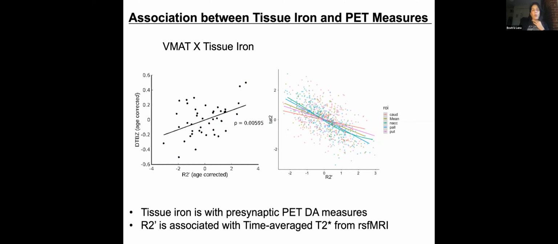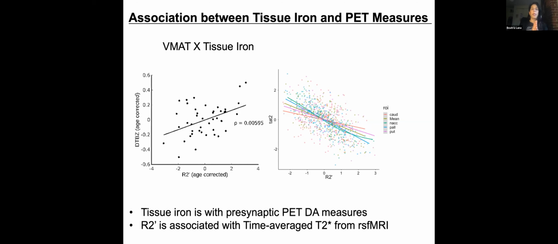Importantly, we found that this R2' tissue iron measure was very nicely associated with the presynaptic measure, which is a more direct measure of dopamine availability. This is big because it tells us you can now characterize, in a non-invasive manner, a very important aspect of dopamine function.